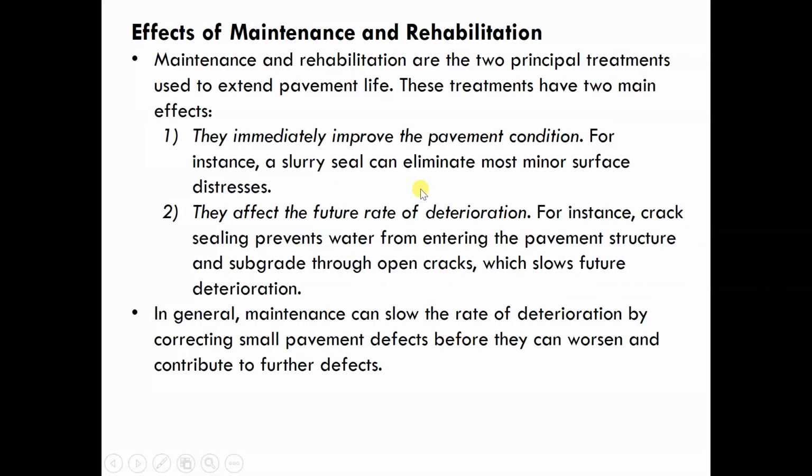For instance, a slurry seal can eliminate most minor surface stress that affects the future rate of deterioration. Crack sealing prevents water from entering the pavement structures and subgrade through open cracks, which slows future deterioration.